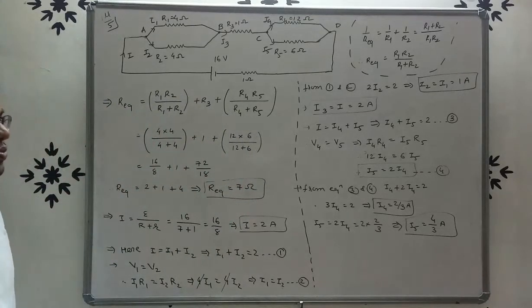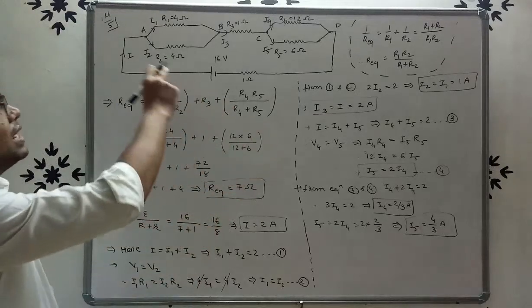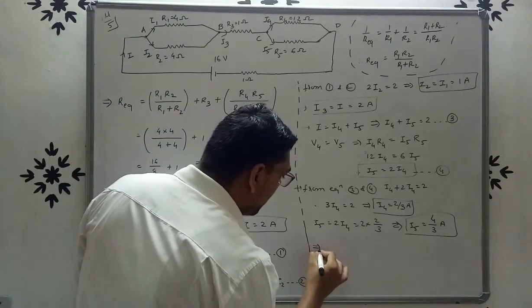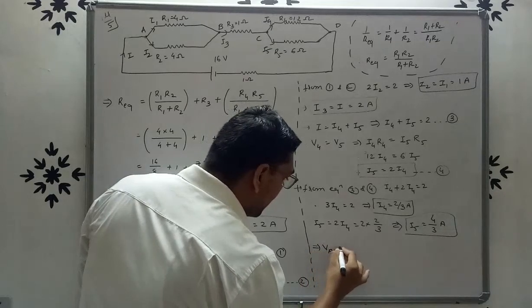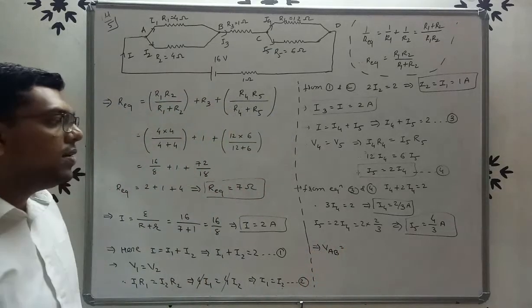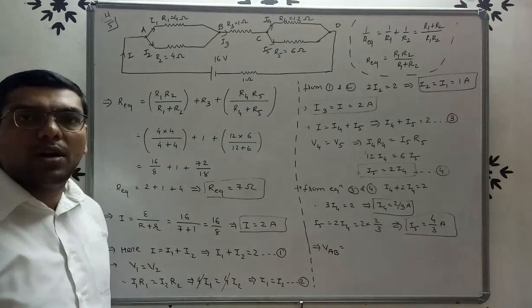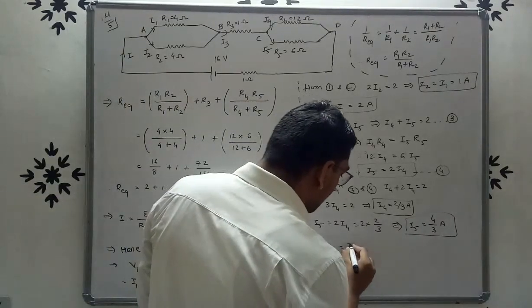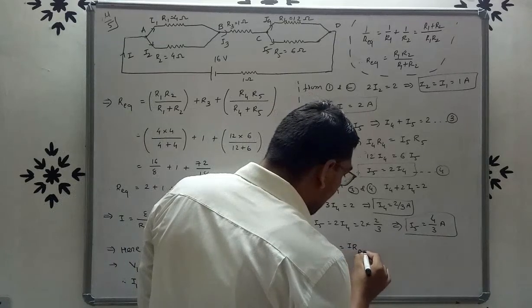So here we have to find out the voltage drop between A and B. So first of all, VAB. We know that the formula of voltage is V is equal to IR. So VAB is equal to I into RAB.